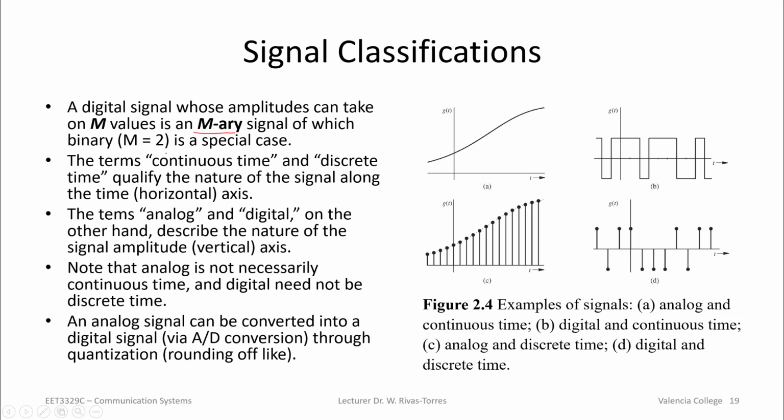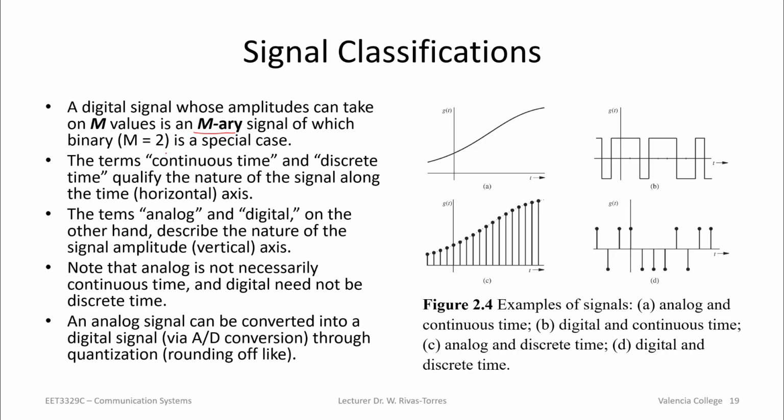An M-ary signal is a signal that can take on two levels or more, right? But it's M discrete levels. So the binary is a special case of M-ary signals where M equals 2.